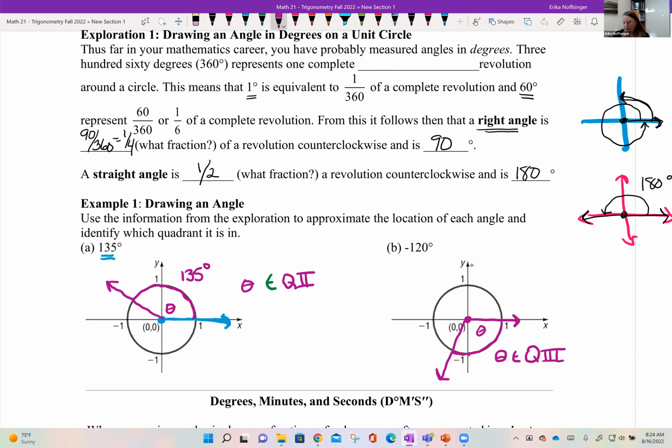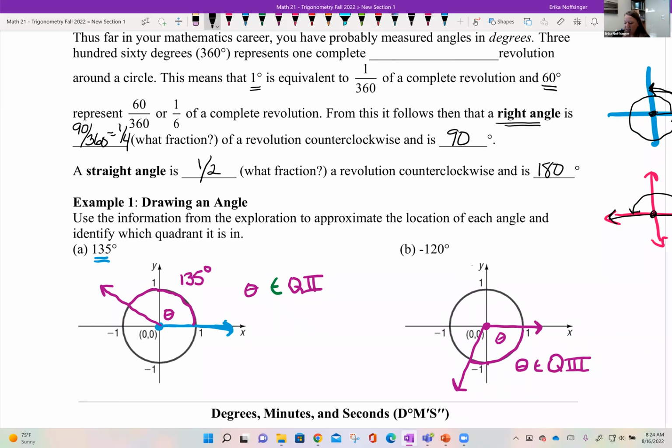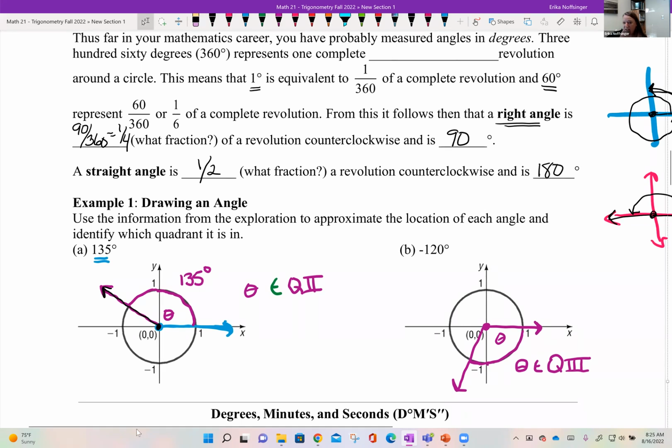So let's look at these 2 examples, and let's identify at least 2 more angles that would get us to this terminal side. If you're watching this video, then just pause it and think about it and come up with 2 different angles that would get us to 135 degrees from the first example, and 2 angles that would get us to negative 120 degrees.